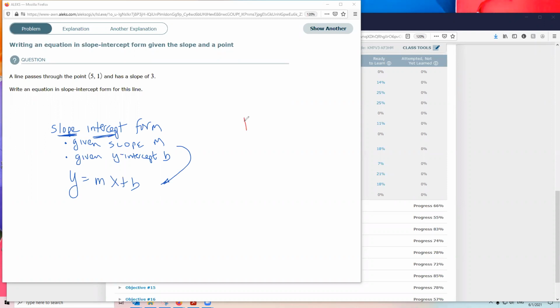But there's another equation, it's called the point-slope form. The point-slope form looks like y minus y1 equals m times x minus x1. You use this equation when you know the slope, so you're given the slope m, but now you're given an xy point. We're going to call it x1, y1.